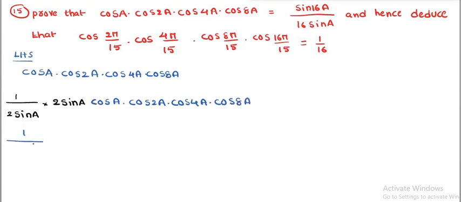So 1 by 2 sin A, this is the direct form. 2 sin A cos A gives sin 2A, sin 2A into cos 2A, cos 4A, cos 8A.